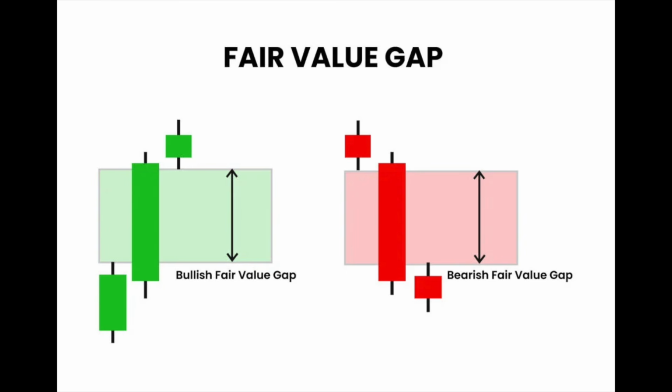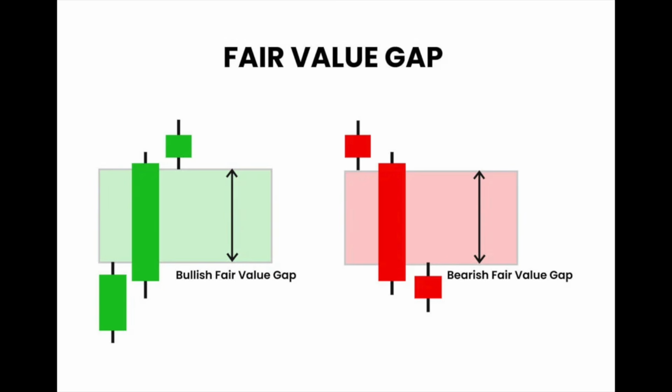Before we deep dive into the charts, I think it's really important to make sure that we have a fundamental understanding of what these terms are. Okay, so a fair value gap is a price imbalance where the market moves so fast that the trading skipped over the price range. This takes place in a 3-candle sequence.